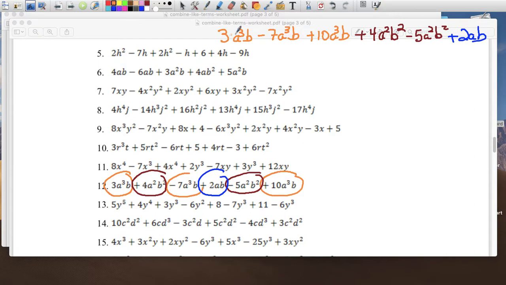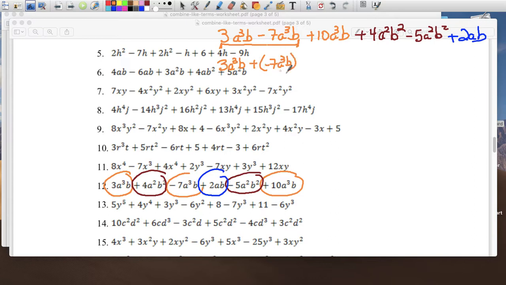So let's do the orange. Well, again, we're doing these two guys first, right? So always do it slowly. So if you change that to an addition problem, it becomes 3a^3b. That stays. The subtraction becomes addition, and that 7 becomes -7a^3b.